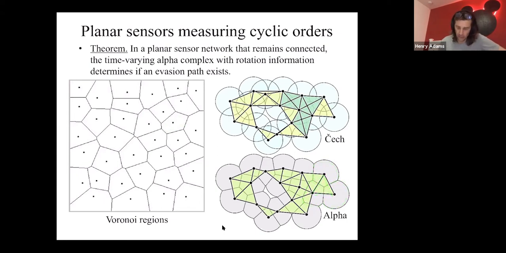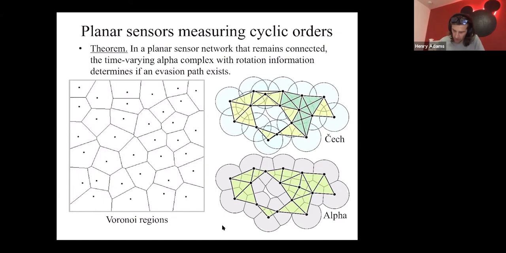And you'll notice that the check complex can have crossing edges because, here are four balls that all pairwise intersect. But the alpha complex won't have crossing edges, is one property of the alpha complex.